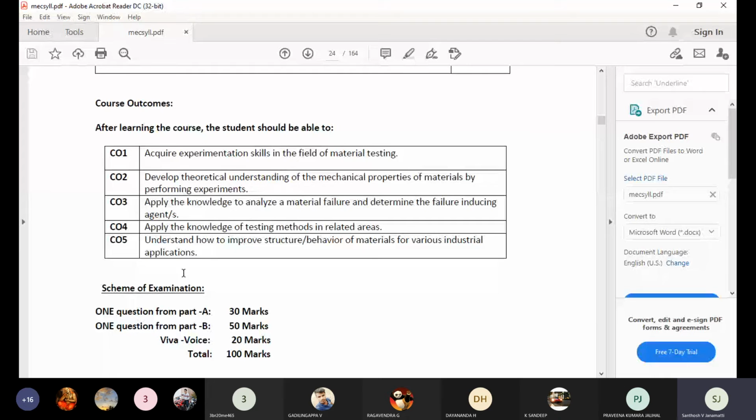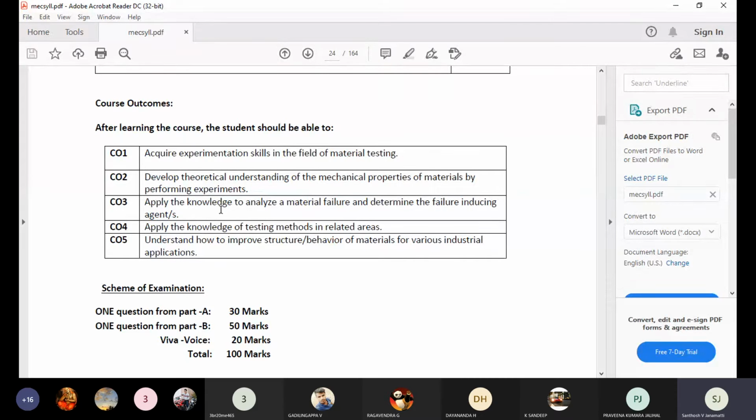So these are the outcomes at the end of the course. We will be able to get this kind of knowledge and acquire experimentation skills in the field of material testing. At the end of the course you will get all these outputs: develop a theoretical understanding of the mechanical properties of materials by performing experiments, which I told you at the beginning.